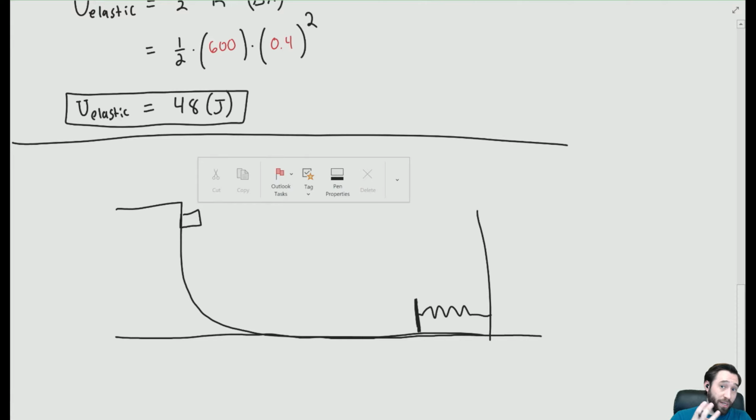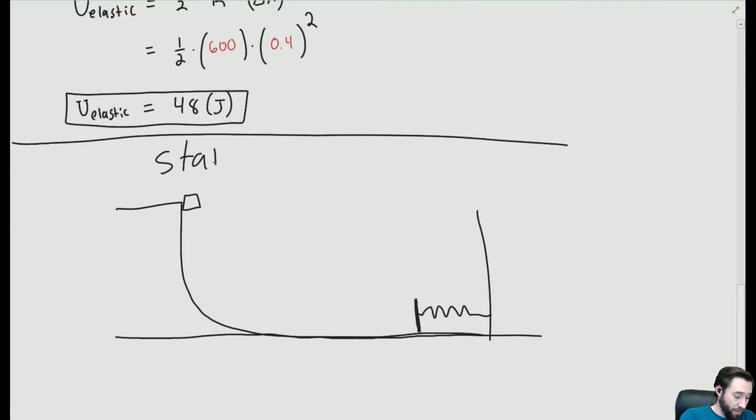So there's going to be 3 different states or points, like snapshots of this whole scenario that I'm going to be referencing. The very first state would be when the box is up here. So this would be state 1. The second state would be when it reaches the bottom and it's traveling horizontally with no friction. So this would be state 2.